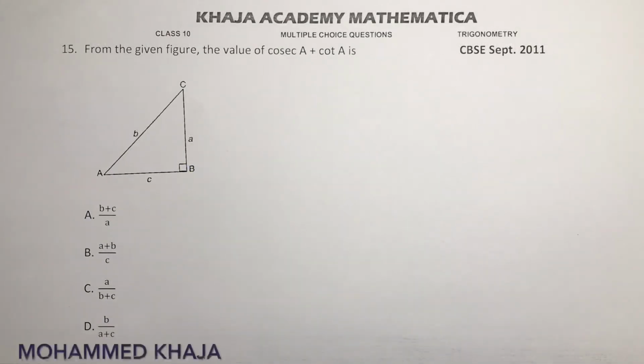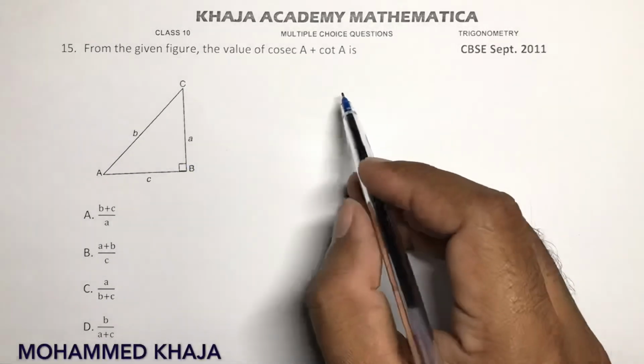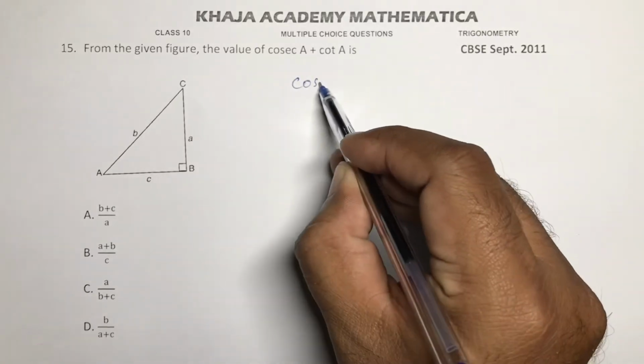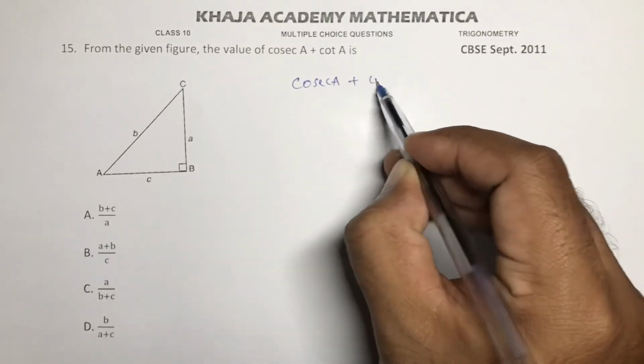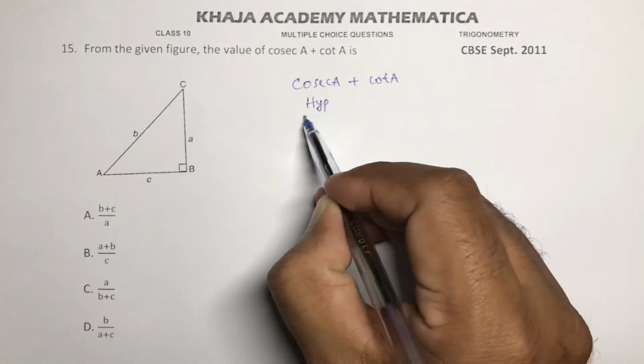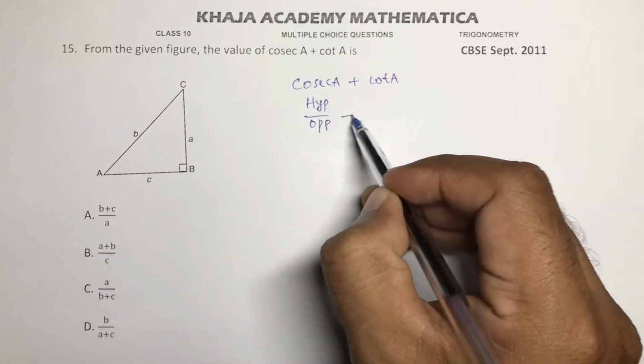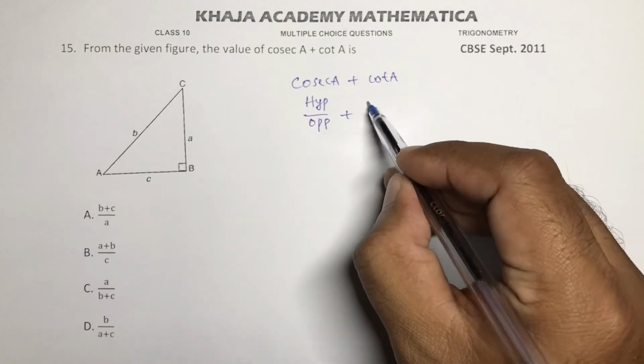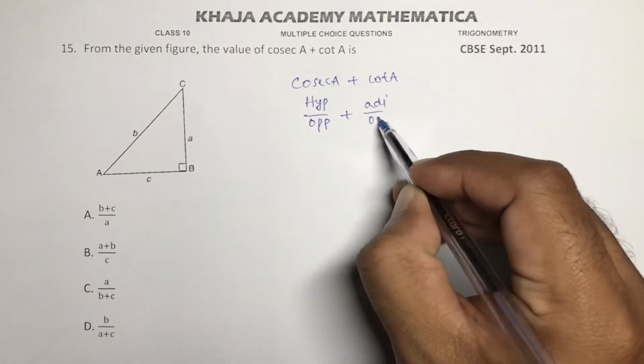From the given figure, find the value of cosec A plus cot A. Cosec A is hypotenuse by opposite and cot A is adjacent by opposite.